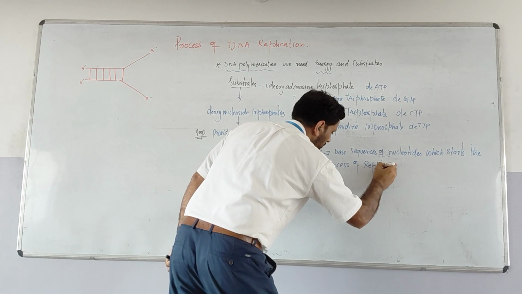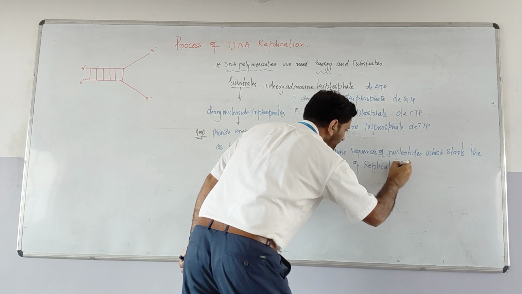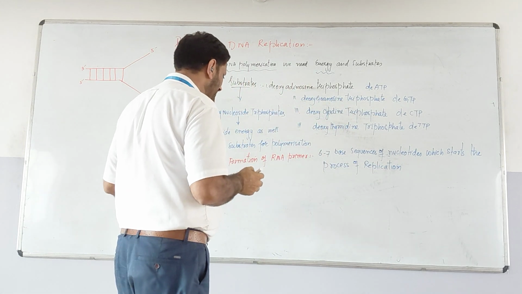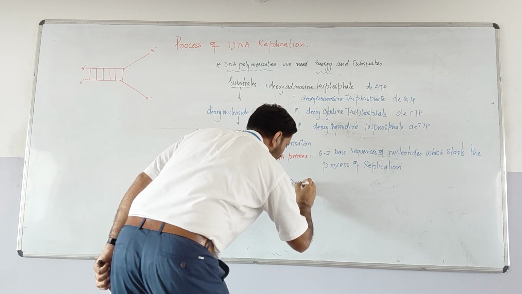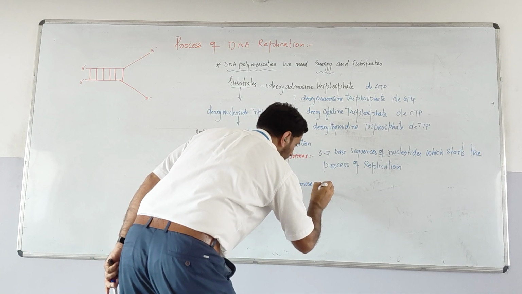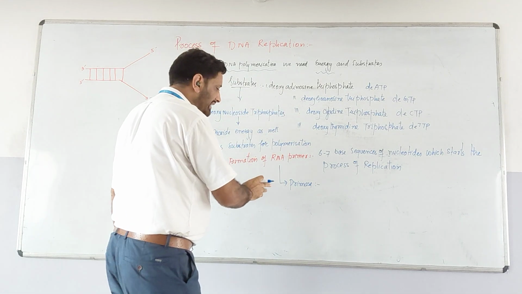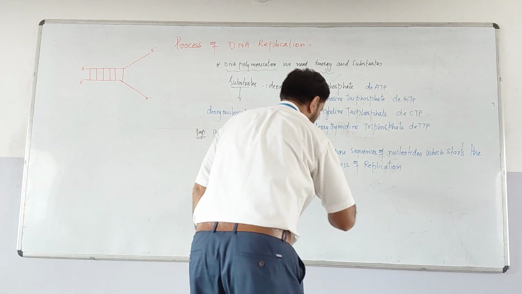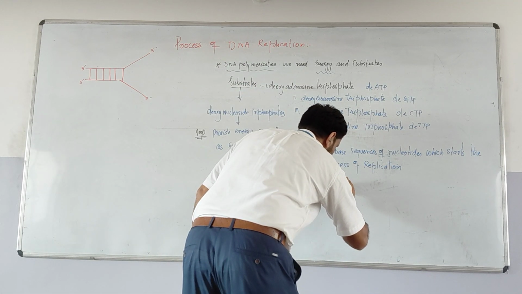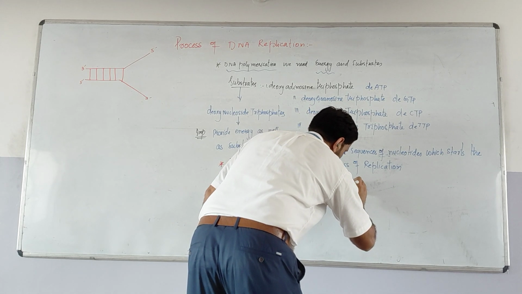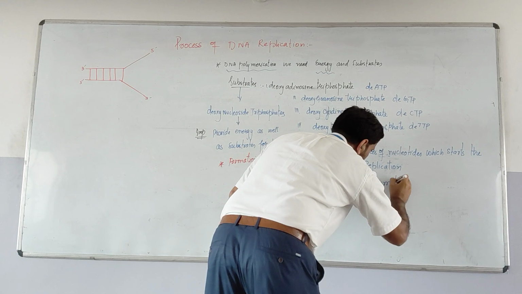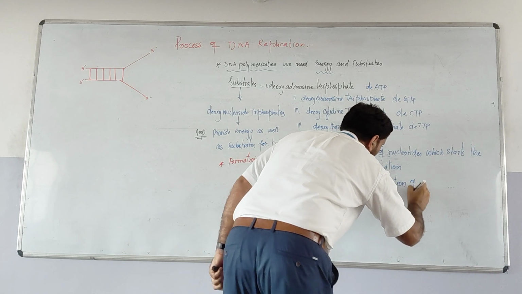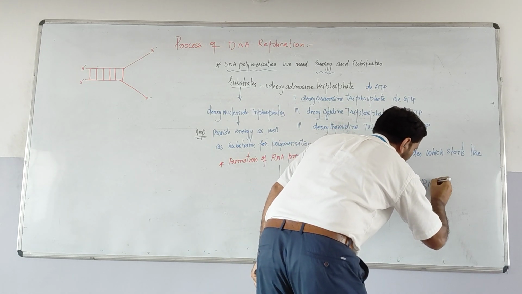और ये जो आरएनए प्राइमर बनता है, it is because of the enzyme that is called primase. So primase is one enzyme which catalyzes the formation of RNA primer.